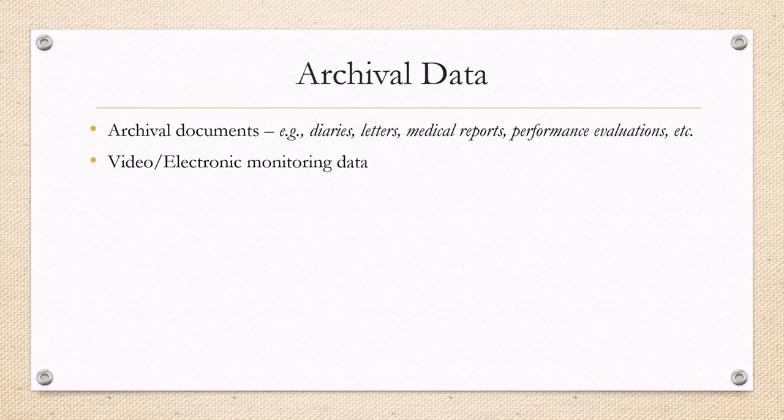We can also use archival data, such as diaries, letters, medical reports, performance evaluations. We might use videos or electronic monitoring data, depending on the kinds of things that we're interested in. We can use survey methods or questionnaires, asking people to respond to questions about themselves or others.